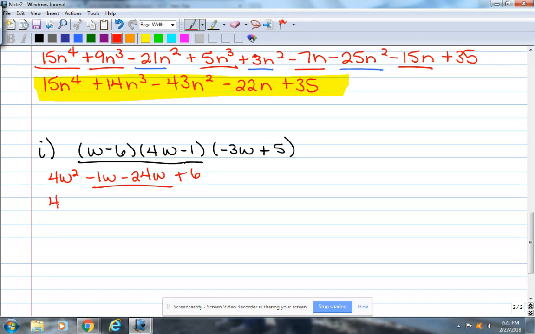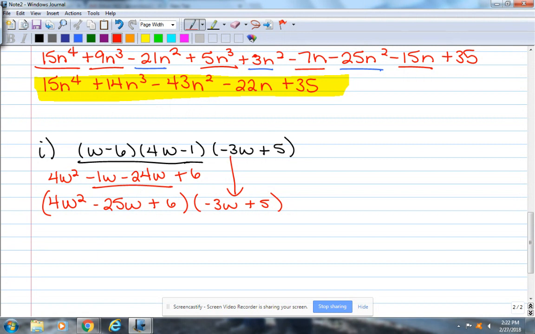So 4W squared, -25W plus 6. One's a square, one's not. No, because when you add them, you combine like terms, but you don't change the exponent. So now I can multiply this trinomial times this binomial. So that's what I get when I multiply the first 2 binomials together.